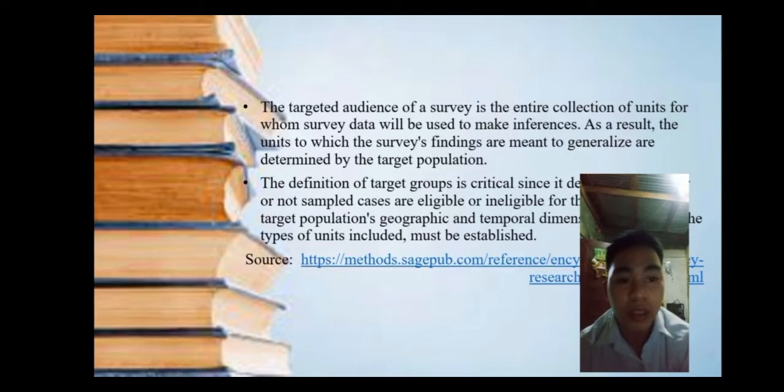The definition of the target group is critical since it determines whether or not sample cases are eligible or ineligible for the survey. The target population, geographic and temporal dimensions, as well as the types of units included must be established.